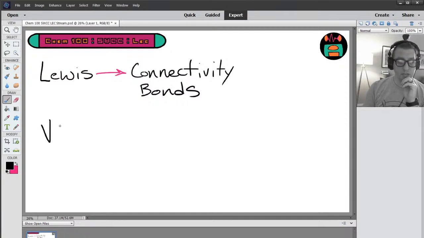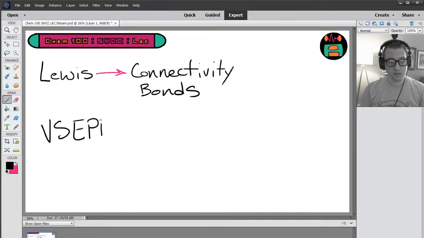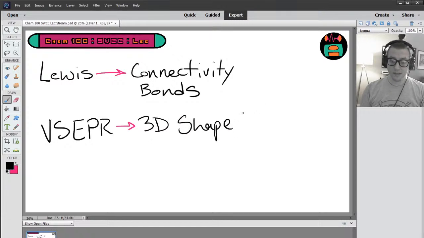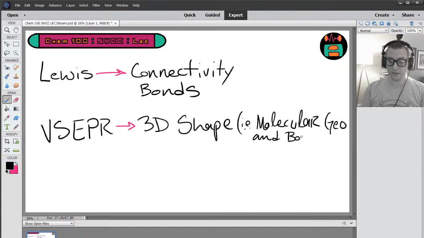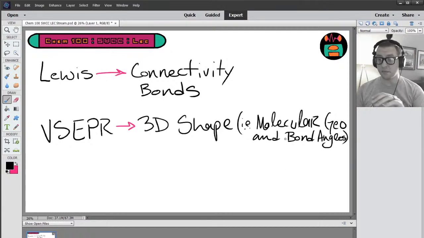VSEPR theory tells us about three-dimensional shape, in other words, molecular geometry and bond angles. All right, that's what VSEPR theory talks about.